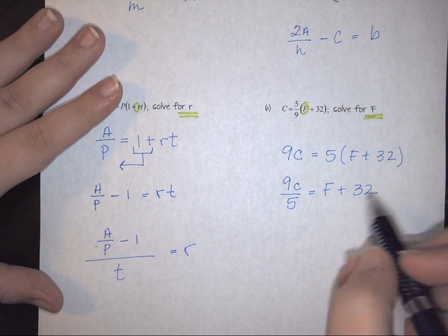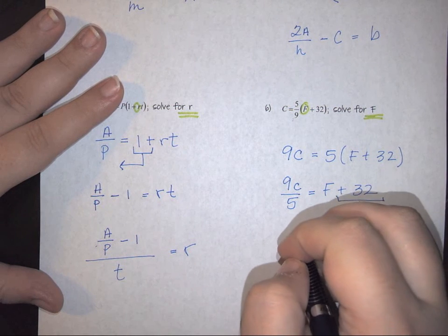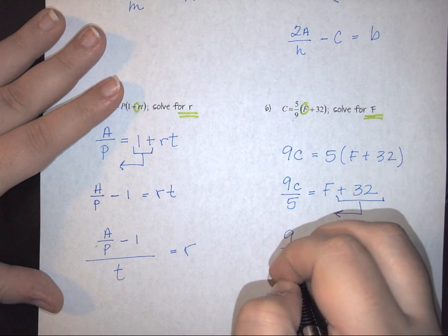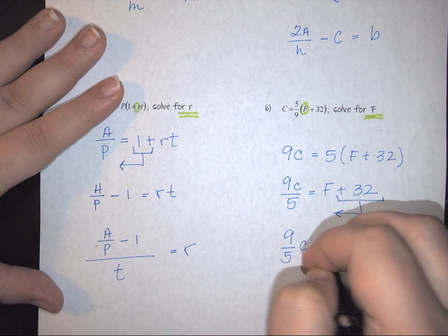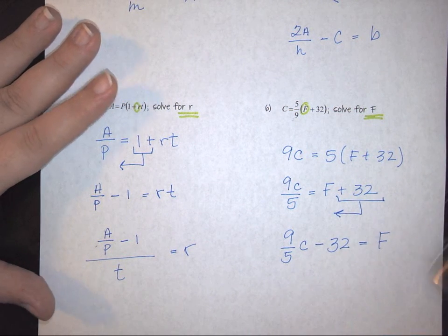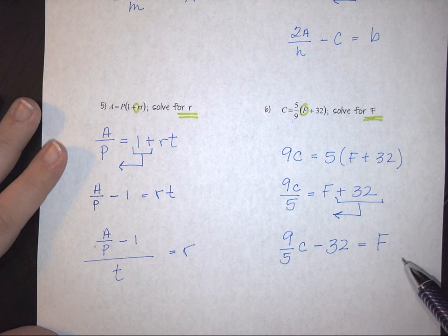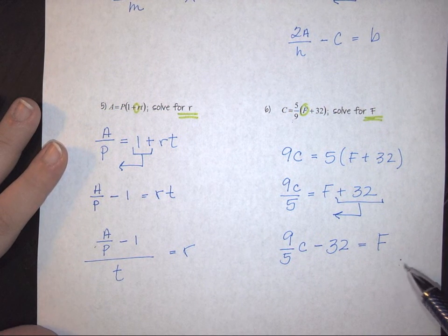Then I have to move this 32 over to the other side. So I'm going to have 9 over 5 c minus 32 is equal to f. And yes, this last equation was interchanging back and forth between Celsius and Fahrenheit.